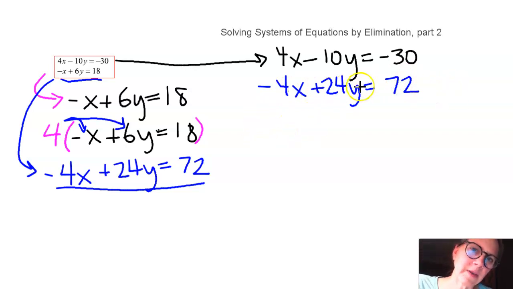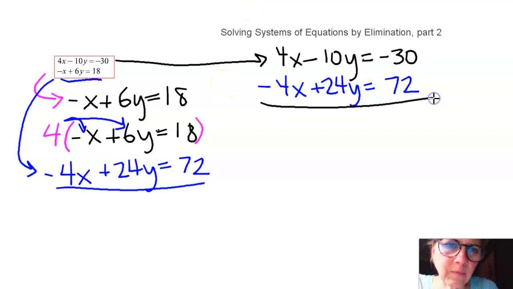I want to make sure everything's nice and lined up. So this is lined up, this is lined up, and this is lined up. All I did was take this equation and move it here, because now they can work together.